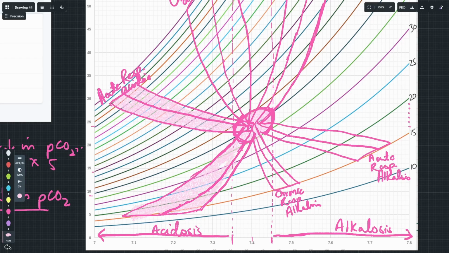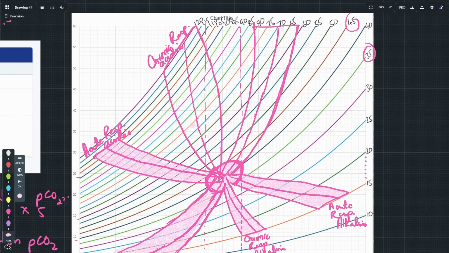Now, what is the power? What is the use of this Davenport diagram? The real power lies in the fact that I can put the values of any of the pH, any of the sample of ABGs here, and I will just put its value on this graph, and I will get to know exactly which disorder is there.